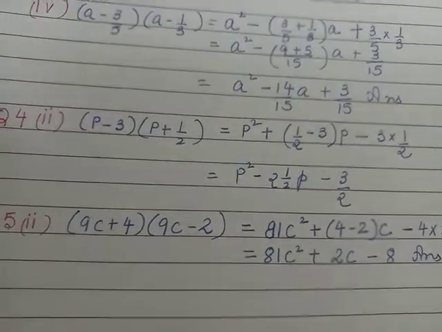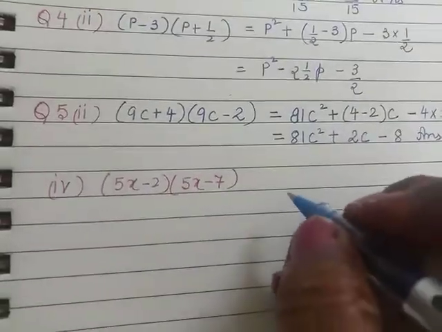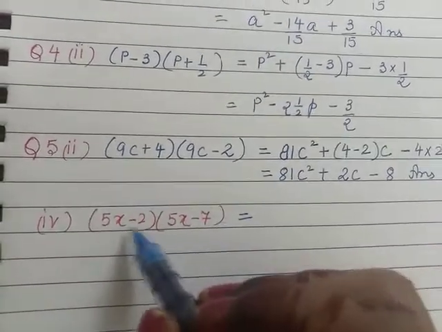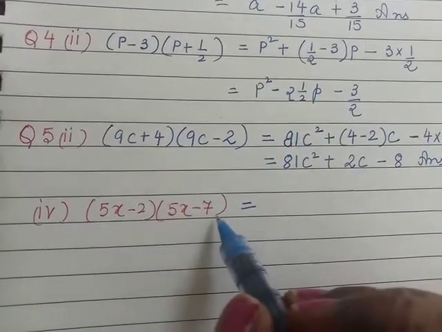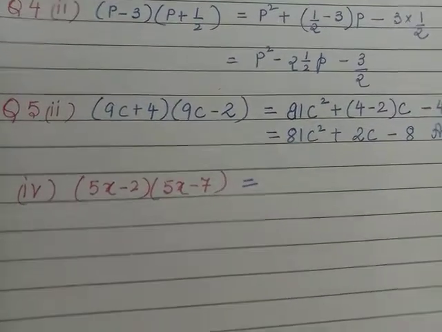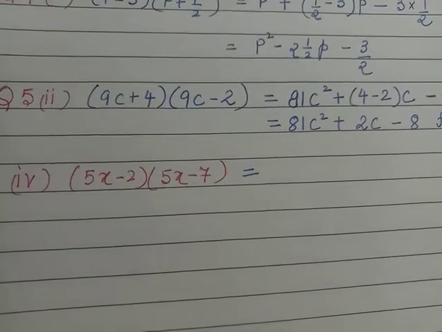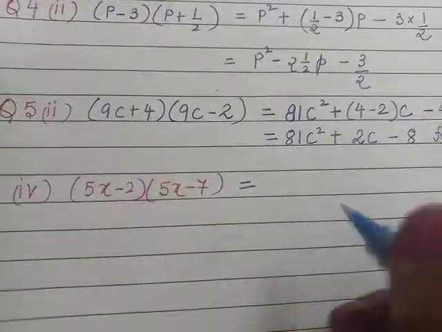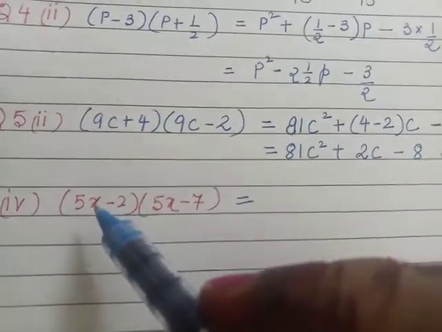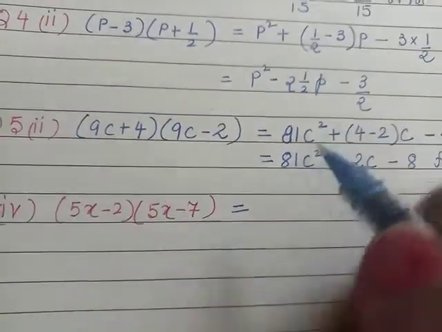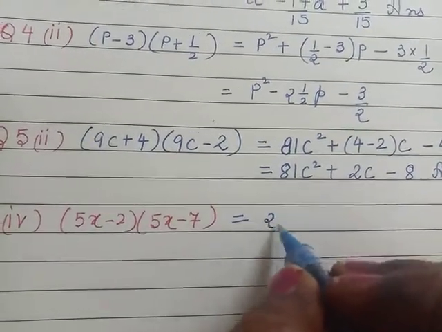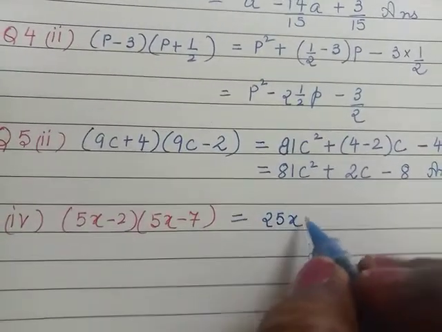Then I discuss question number 5, fourth subpart. It is 5x minus 2 and 5x minus 7. Here both the second terms have a negative sign. In such a case, we remember the fourth identity. We write the negative sign outside and then only write the second terms. So the first term is going to become 5x square. 5 square is 25, x square is x square.